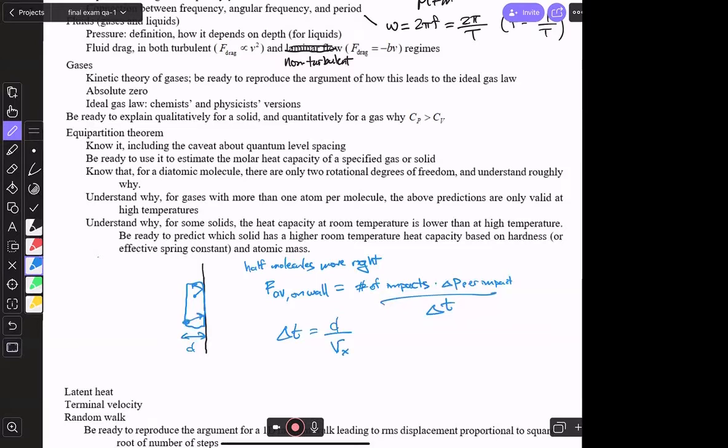So again, mostly I'll refer you back to that class, but you should be able to carry this through. And so we got from this to that PV equals N times 2 times the average value of 1/2 m vx squared.